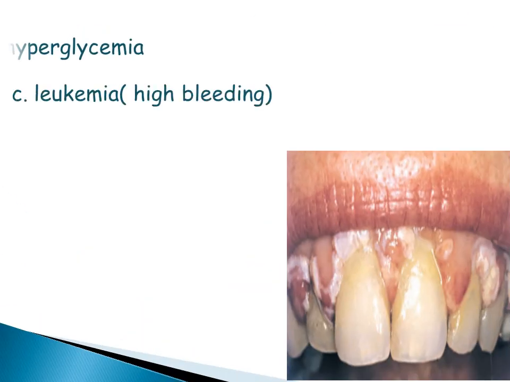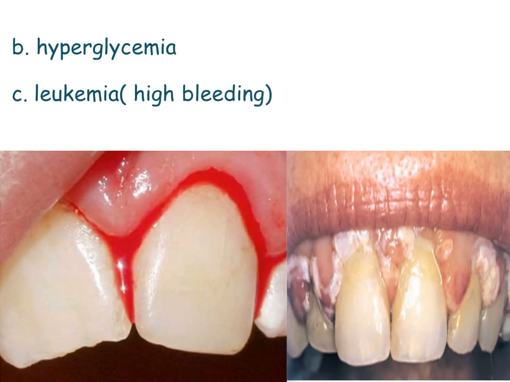Also, we may have hyperglycemia or leukemia. In hyperglycemia, the inflammatory response to dental plaque is due to high sugar in the plasma of the hyperglycemic patient, while leukemia is associated with a pronounced inflammatory response of the gingiva to dental plaque, resulting in bleeding and enlargement.